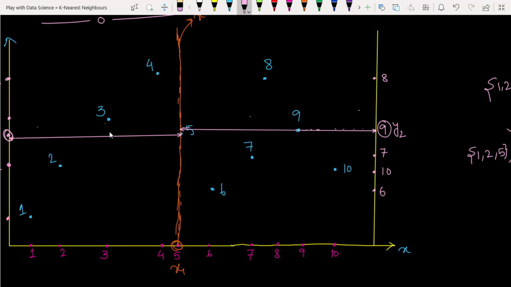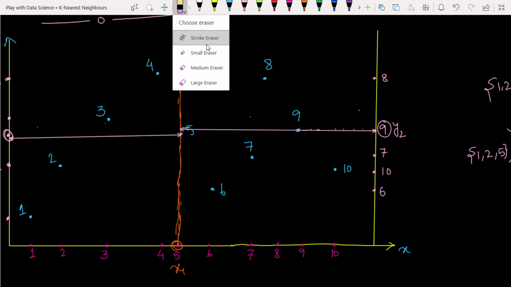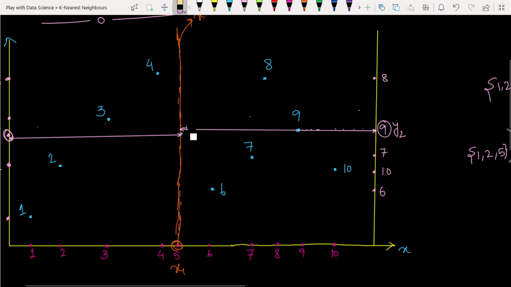I am neglecting point 5 just to remove confusion, and using the 5 on this side.